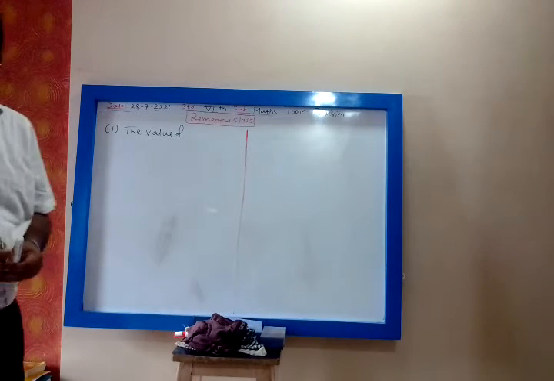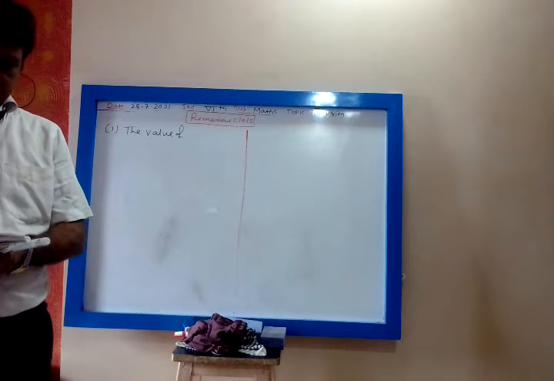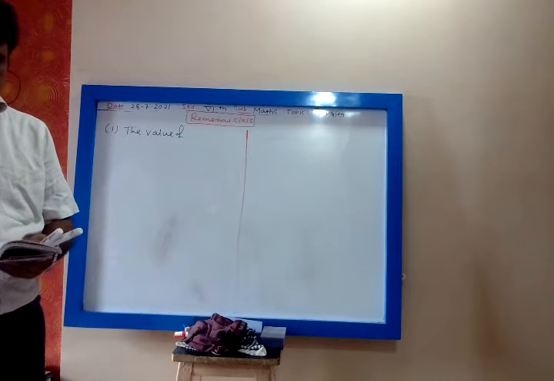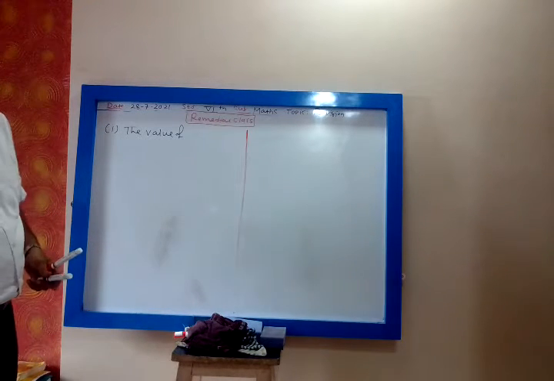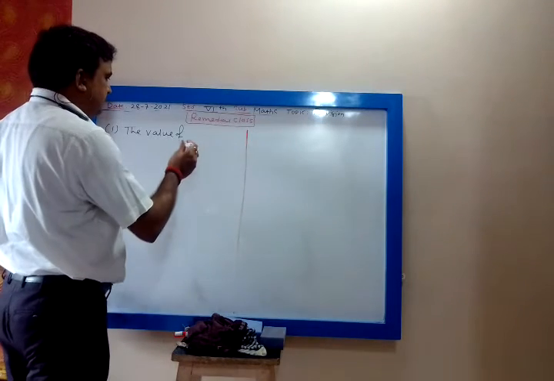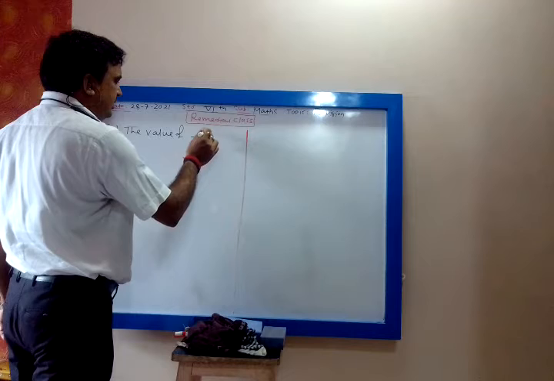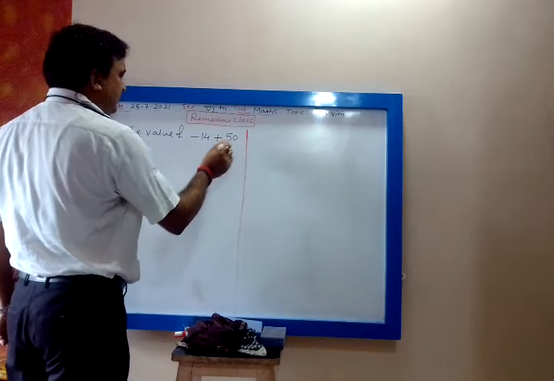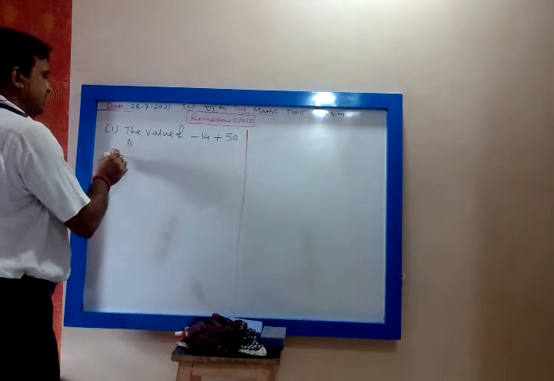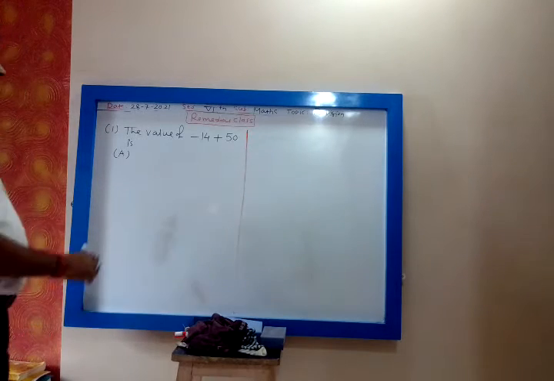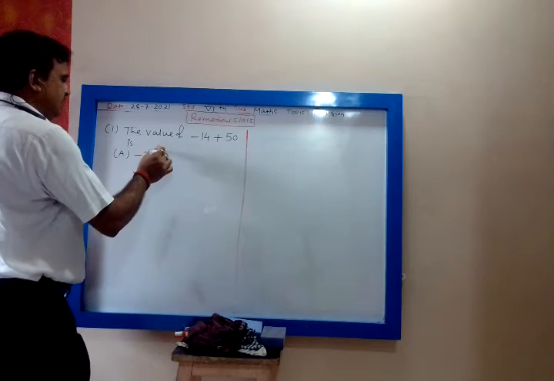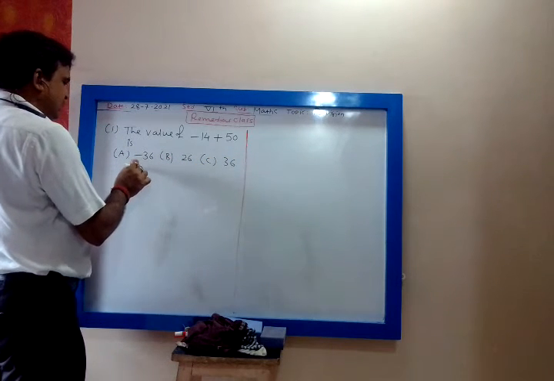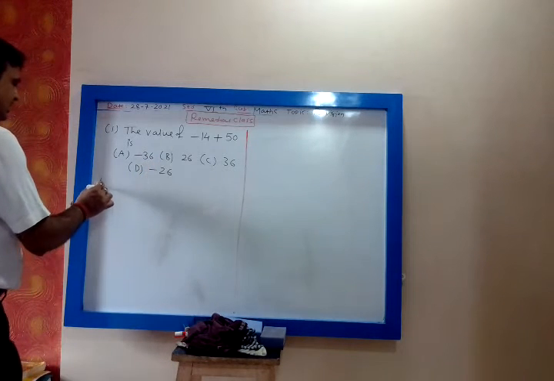The value of minus 14 plus 50 is: options are A, minus 36; B, 26; C, plus 36; D, minus 26. You have to solve this and pick the correct answer.